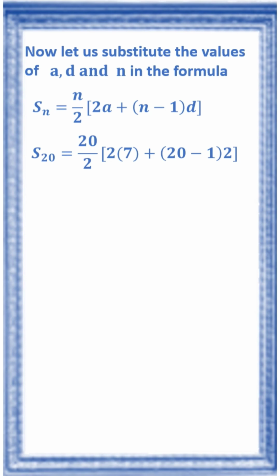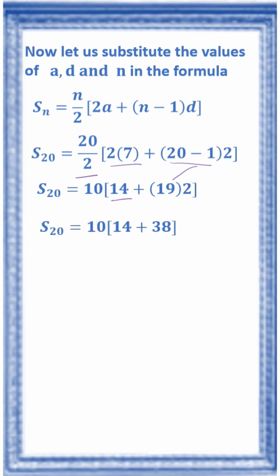So we get 20 by 2 is 10, 2 into 7 is 14, 20 minus 1 is 19 into 2, that is 38. 14 plus 38 is 52. So S20 is equal to 520. So the sum of the first 20 terms of the AP is 520.